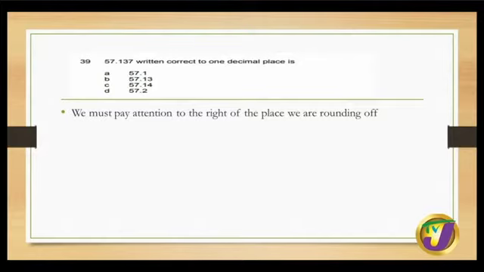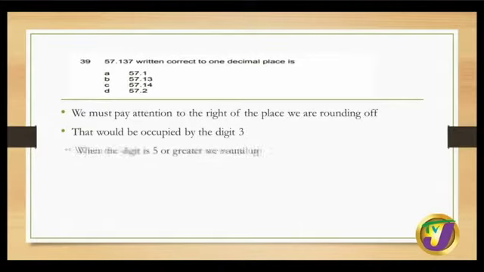What digit is in the first decimal place? Correct. That would be 1. So what digit is to the right of 1? That would be 3. The 3 is to the right of the decimal place we're rounding off to. Now what do we do?